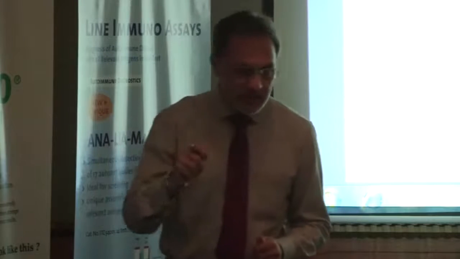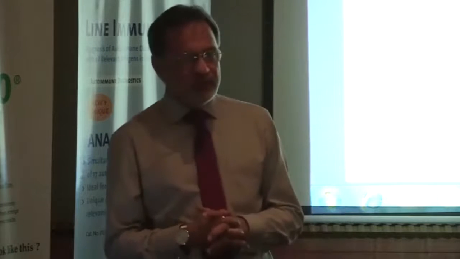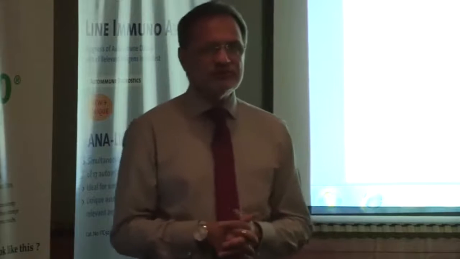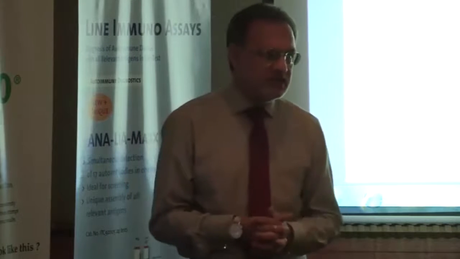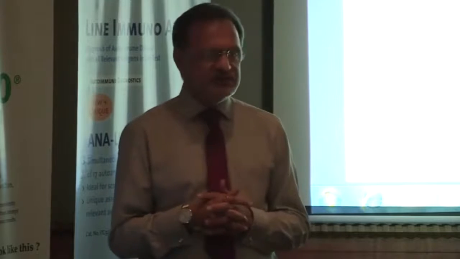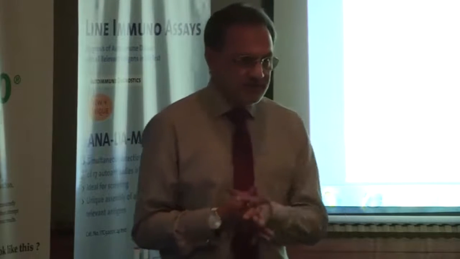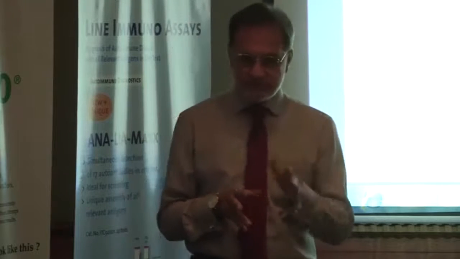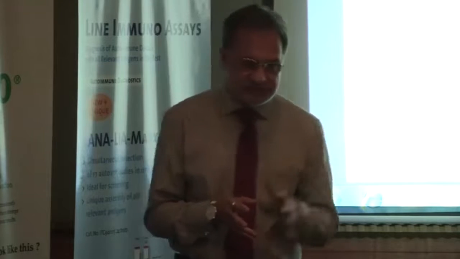Should I repeat it? Say for example, if you are doing one dilution of 1:100 or 1:160 and you are getting an intensity of 1. Now an intensity of 1 is just borderline, can be a false positive, and can occur with so many things.